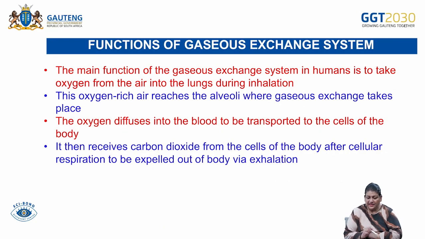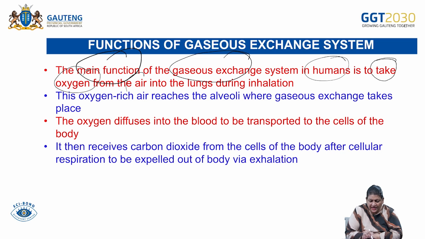Right. Functions of the gaseous exchange system. What's the purpose of us having a trachea, a bronchus, a lung, a diaphragm, and a rib cage with intercostal muscles? The main function is for gaseous exchange in humans to take place, for oxygen to come in from the air during inhalation, and this oxygen-rich air must reach the alveolus of the lung.